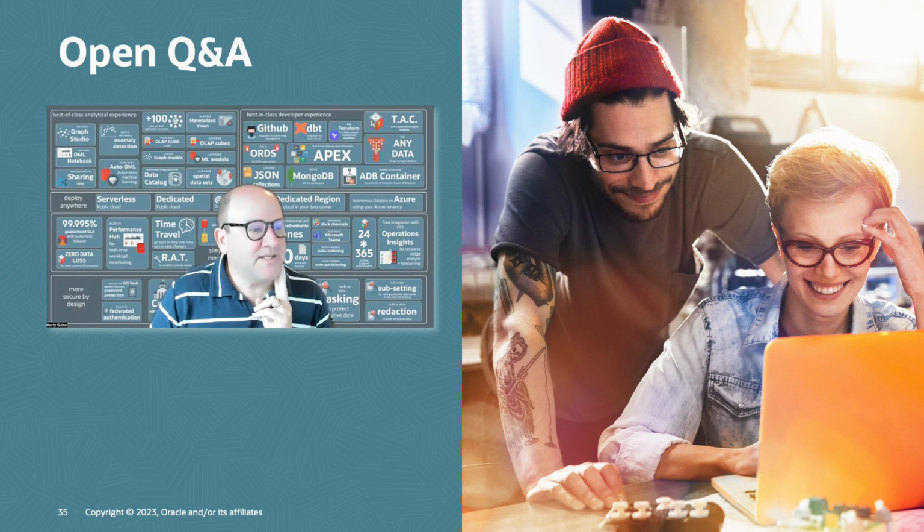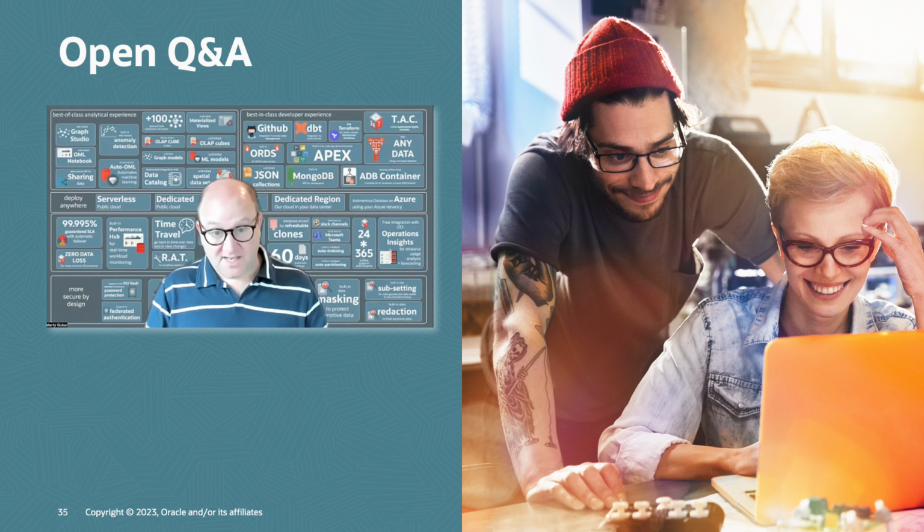How is the metadata built to use the SQL language? Are there dynamic created views? That's a good question. So you simply specify as part of the AI profile which tables you want to participate in the natural language processing.